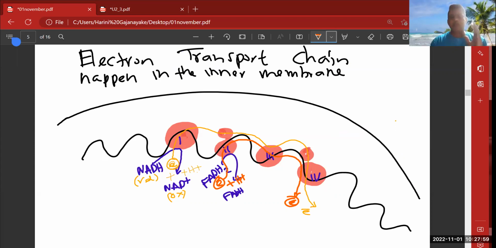Now, if you check the light dependent reaction, I don't know whether you can remember it. In light dependent reactions, the first step is PS2. When light is absorbed by PS2, electrons are excited by the chlorophylls.